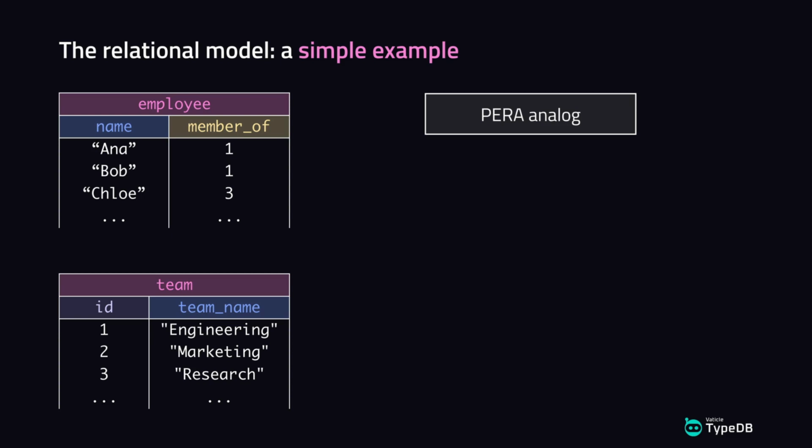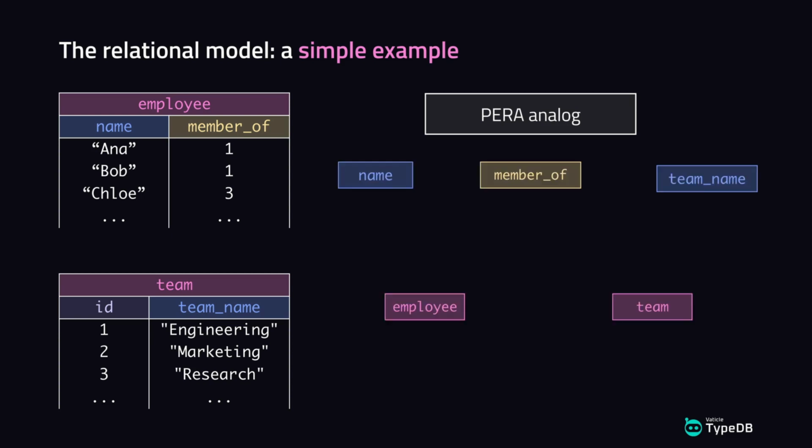Whereas team, besides the ID column, which we however identify with the row itself, only has a team name column. So what would be the Pyro analog here? Well, as a first step, let's extract the types, and the types are the table concepts, so data categorized in tables, and the column concepts.